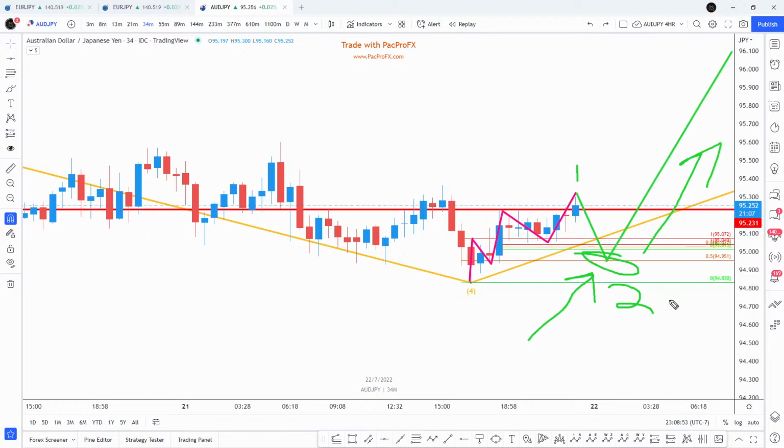Okay, so as long, yeah, believe it or not, it can be right on the same line. It's like to make a W like this here, like a double bottom.